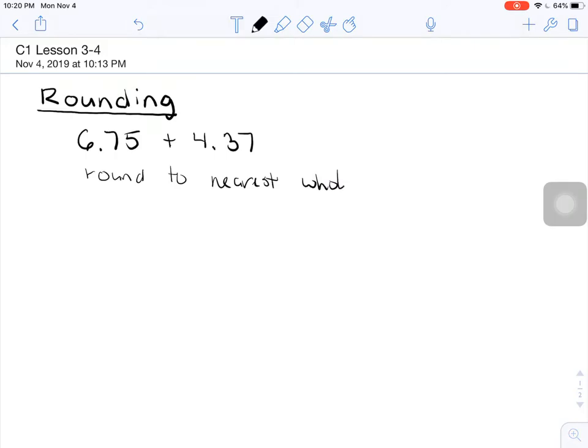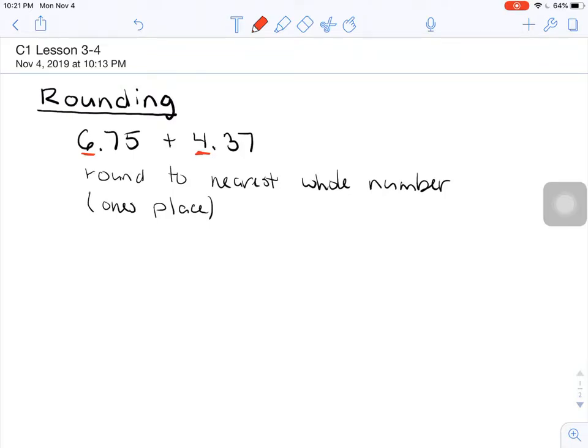When you're asked to round to the nearest whole number, basically what's happening, rounding to the nearest whole number is the same as rounding to the ones place. So that means that we want to round these decimals off using this number.